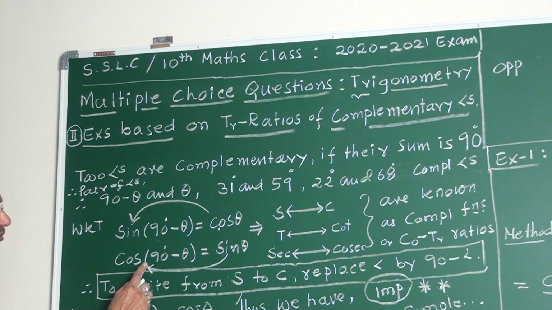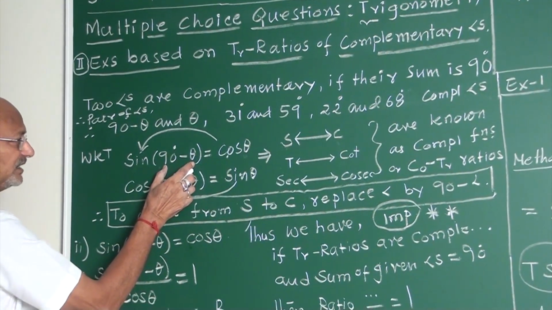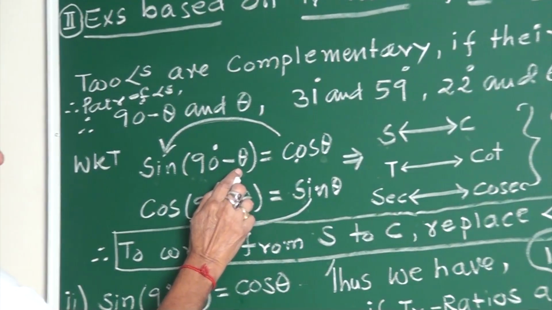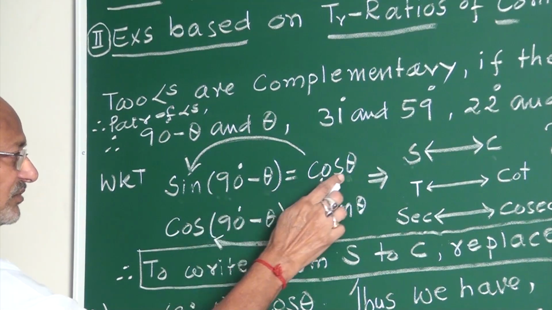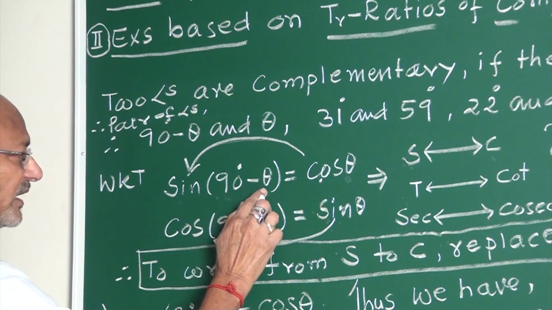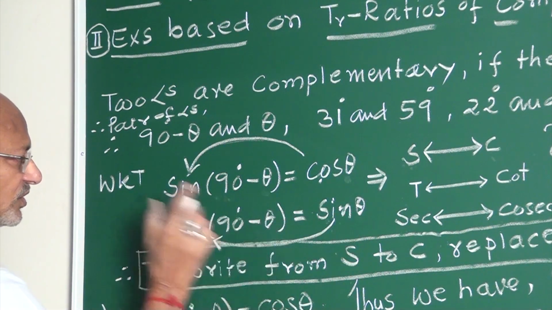Theta is replaced by 90 minus theta. If it is theta, 90 minus theta. If it is A, 90 minus A. If it is 20 degrees, 90 minus 20 degrees. If it is 40 degrees, 90 minus 40 degrees.